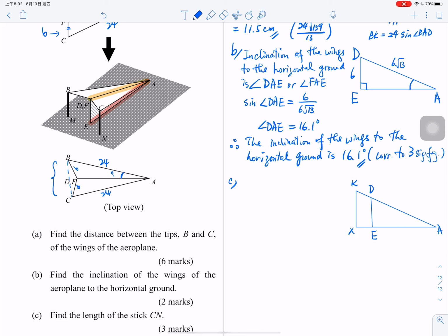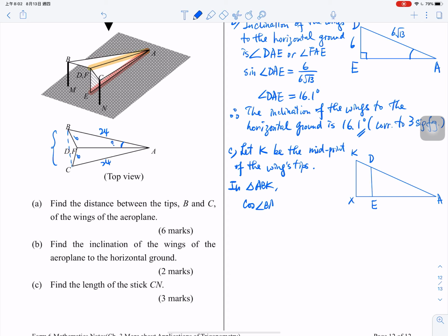Part C. I let K be the midpoint of the wing tips.